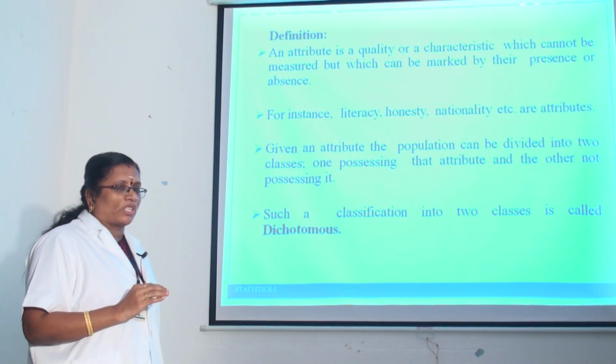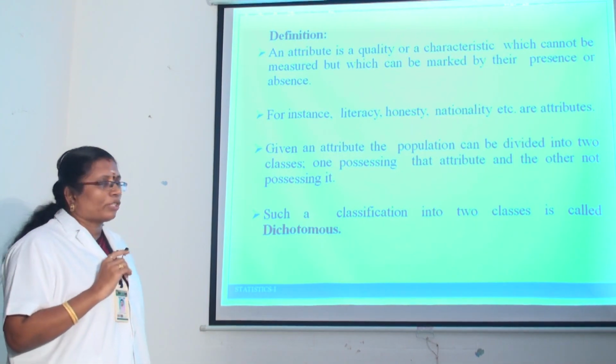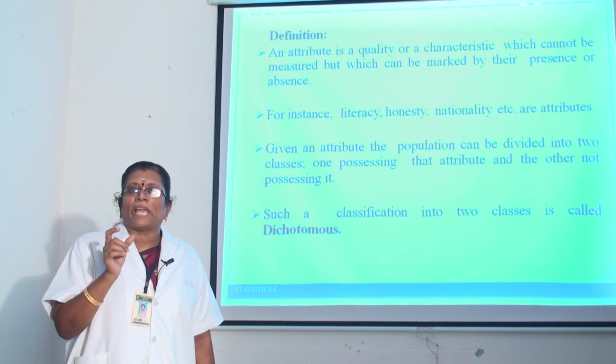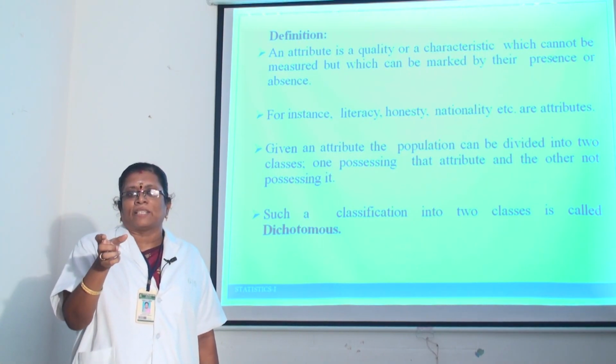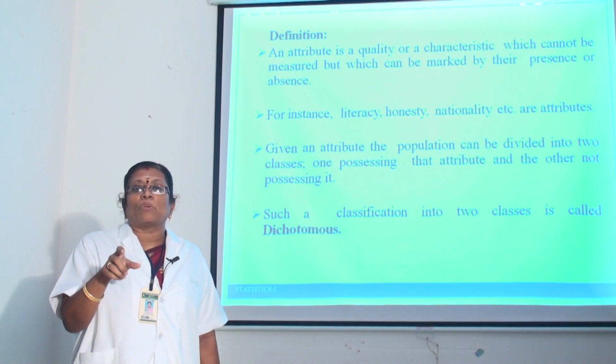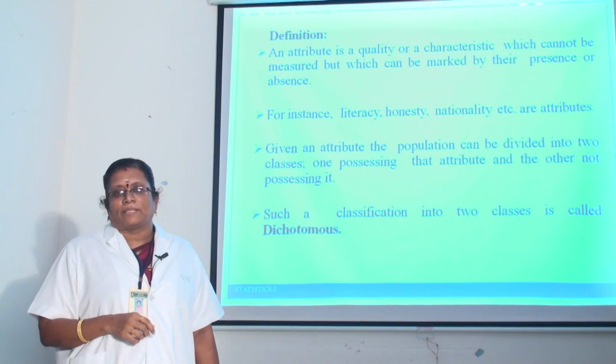Such a classification into 2 classes is known as dichotomous. We classify into 2 classes, one possessing, another non-possessing. This is known as dichotomous.